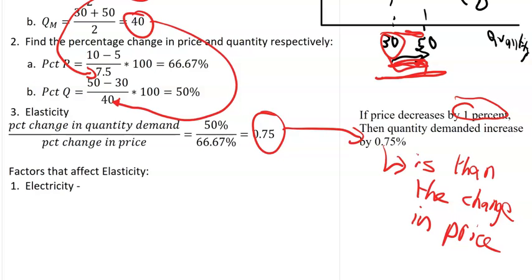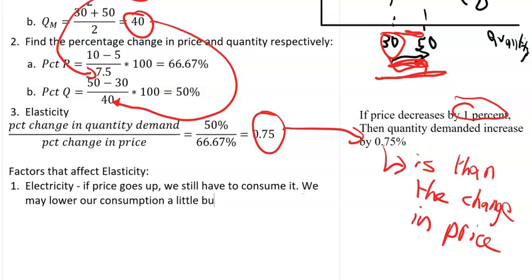So if price goes up, we still have to consume it. We may lower our consumption a little bit, but not by a lot. If price goes up by 10%, we won't lower our consumption by 20 or 30%. We may lower it by maybe 1 or 2%.